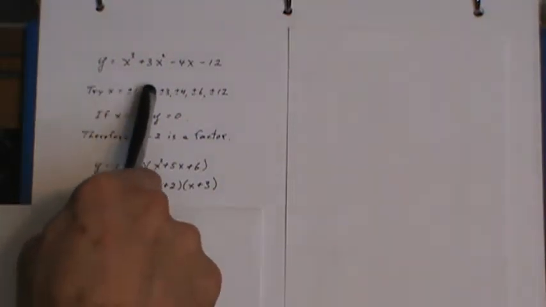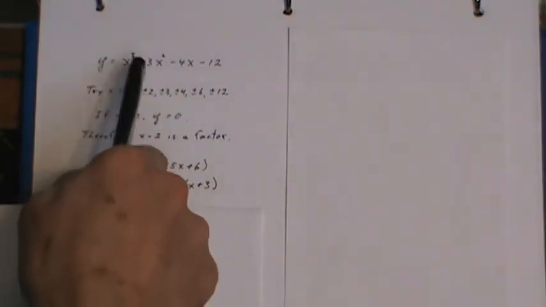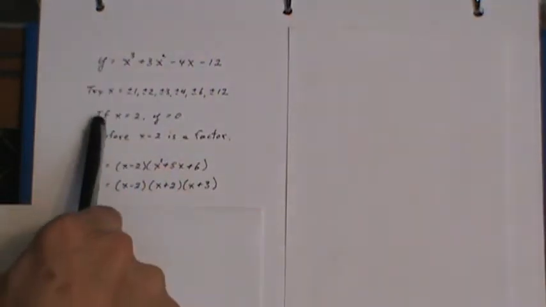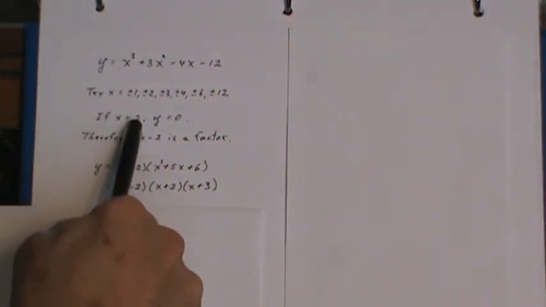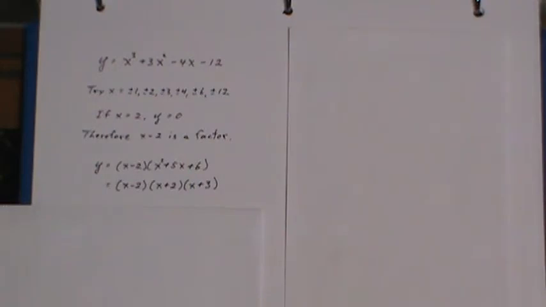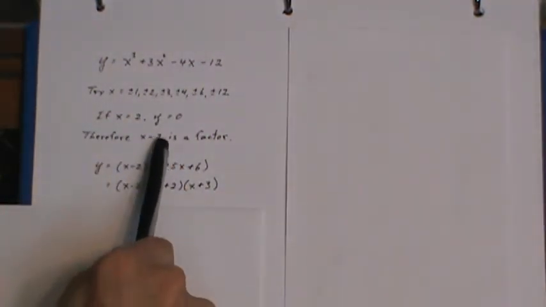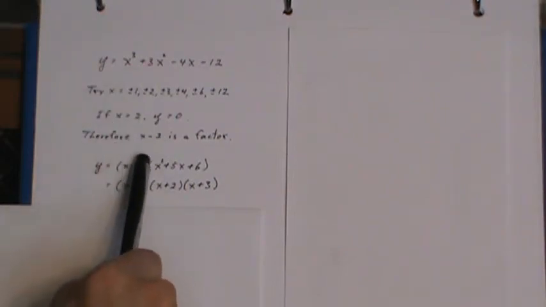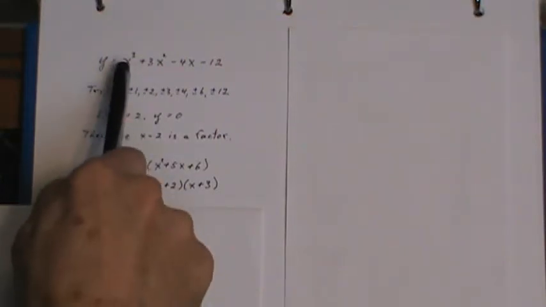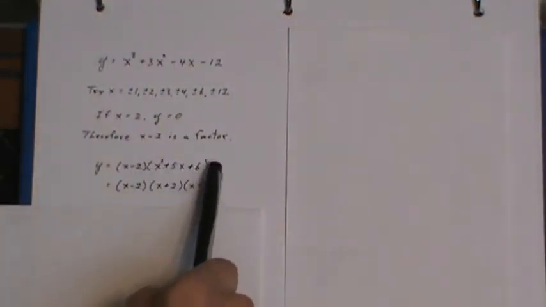Now, this is a long, laborious process, and when you're doing these, you usually start by checking the 1s and 2s and hope you find a 0 before you go too far along that list. What I found here was that x equal to 2 created a 0. And if x equal to 2 creates a 0 up here, then x minus 2 is a factor. I have to divide x minus 2 into this, and I get this quadratic.